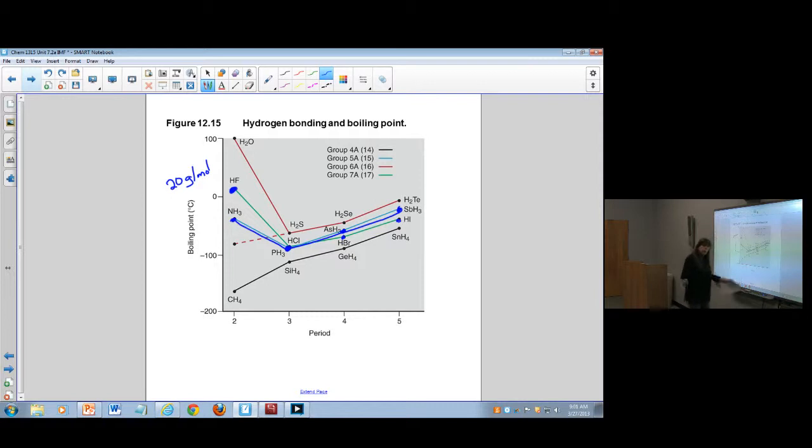Again, that's because with those N, H bonds, all of these hydrogens can participate in hydrogen bonding to the next nitrogen in ammonia. And water is really special. Water has a really high boiling point because it's very polar, and those hydrogen bonds participate in lots of hydrogen bonding.